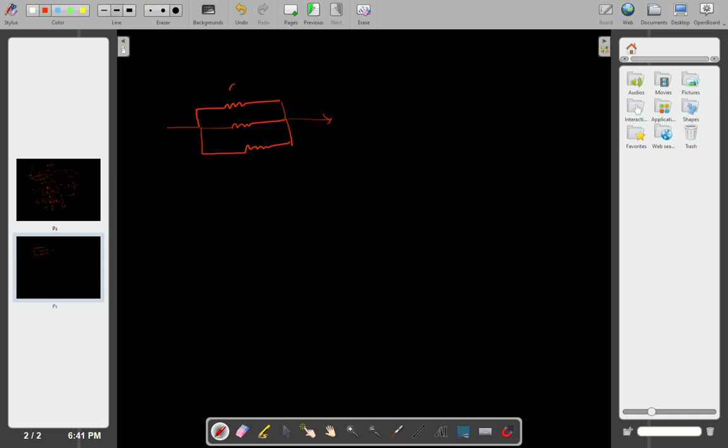Let's say here is 2 ohm, there is 3 ohm, and here is 4 ohm, and the current through the circuit is 10 ampere.